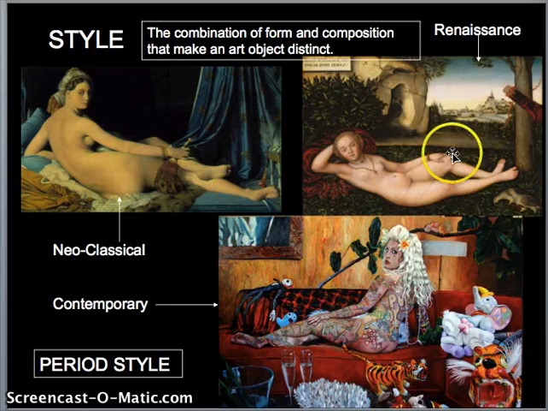Here's our reclining nude from the Renaissance, which has different choices of form and color than our neoclassical reclining nude. This is David's work here, Odalisque. And this is a contemporary example of a reclining nude by the realist painter Natalia Fabia, who's based out of Los Angeles.